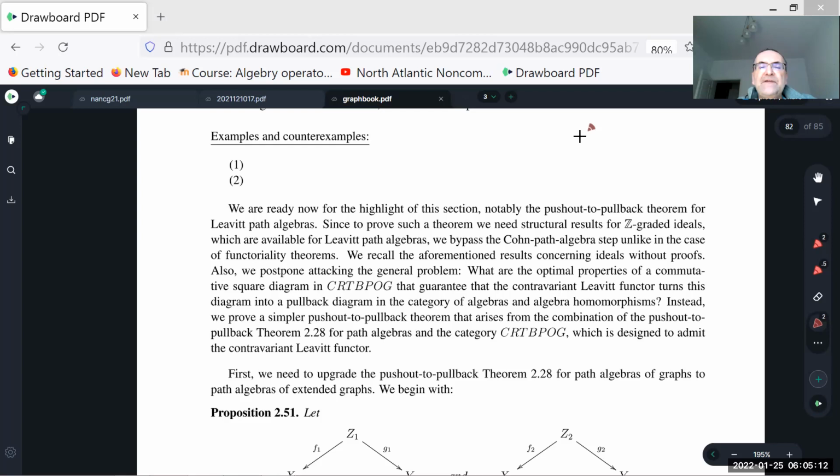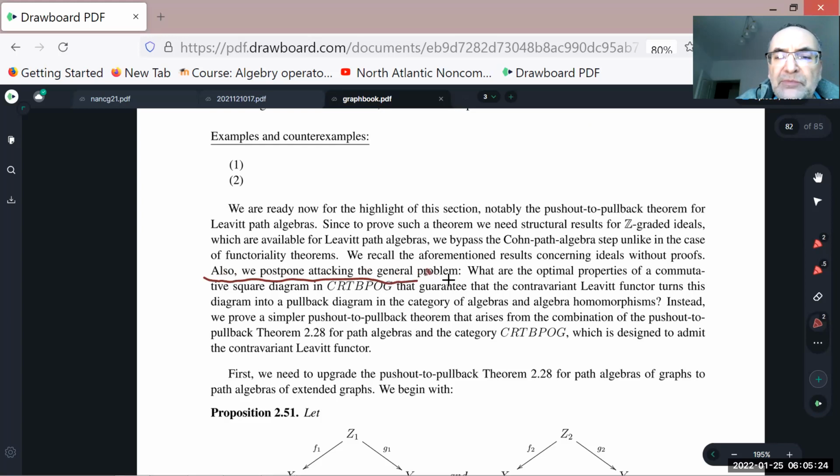Another one is that I'm going to recall appropriate results without proofs. Another thing I would like to emphasize is that we're going to postpone attacking the general problem, which could be phrased as follows. What are the optimal properties of a commutative square diagram in this fancy category CRTB POG?